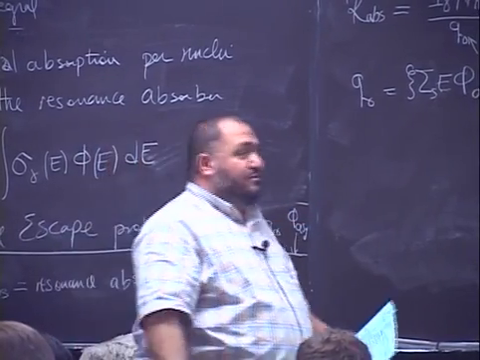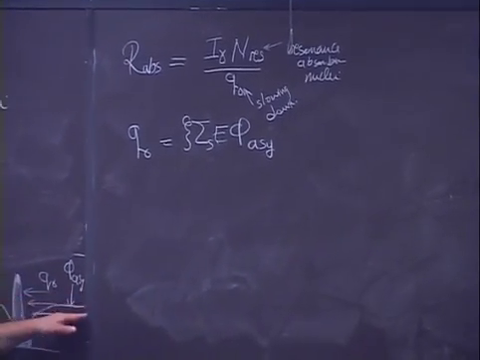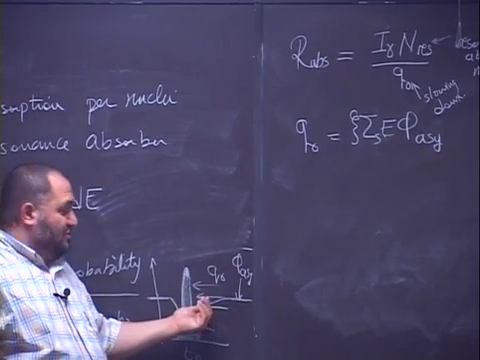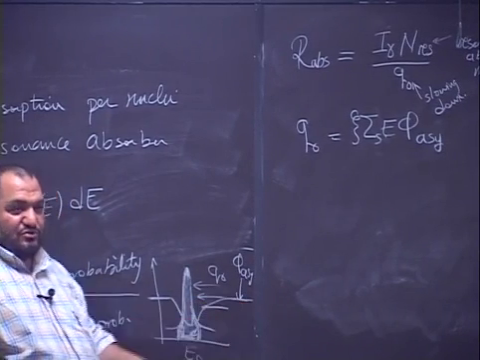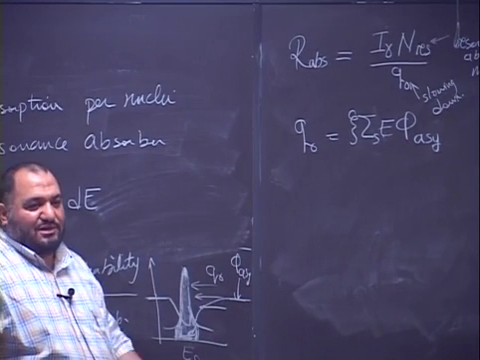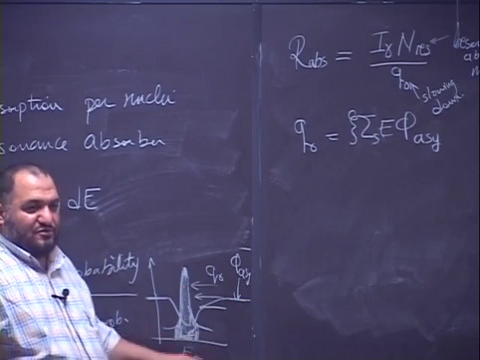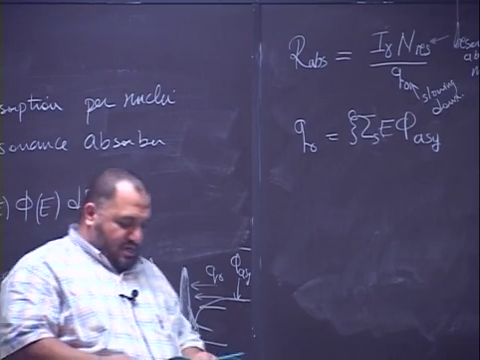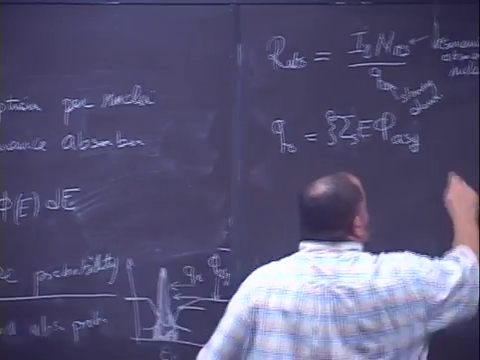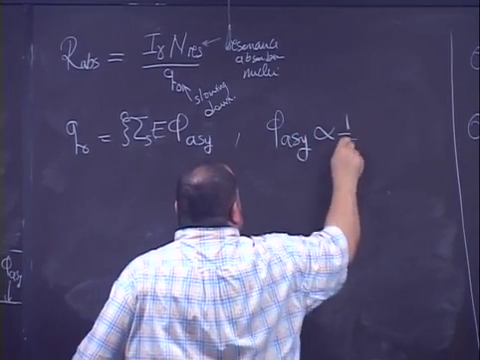You need the slowing down coming before the resonance, away from the resonance, to give you the slowing down, so you have to look at the asymptotic. Because if you come closer to the resonance, this is not the true value for the flux. The flux is depressed because of the presence of the resonance. So this is why we put phi asymptotic. And phi asymptotic goes like what? Yes, it goes like 1 over E.